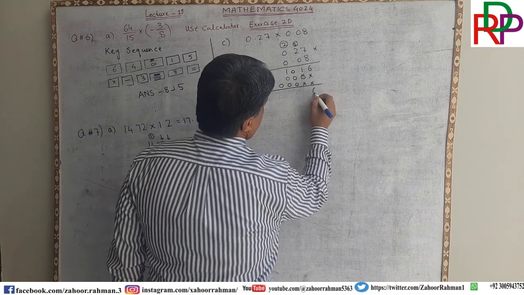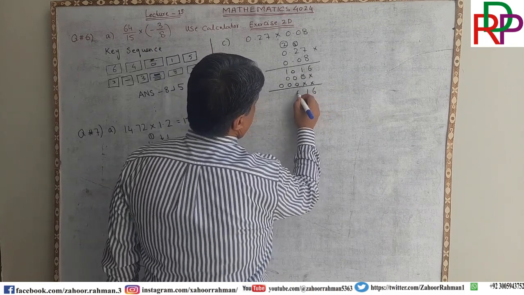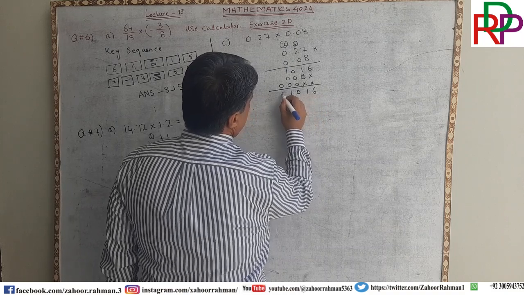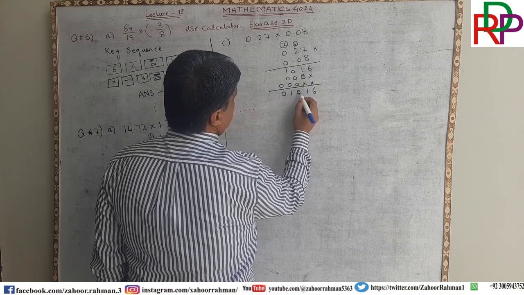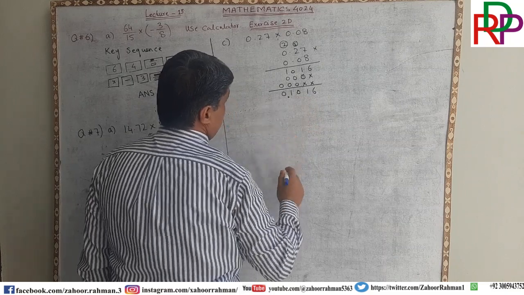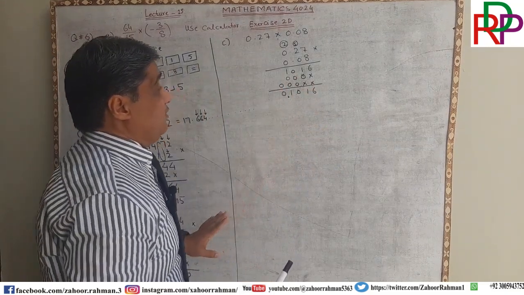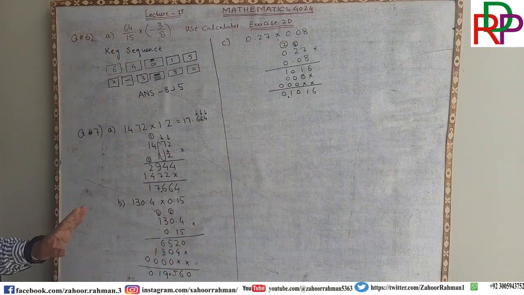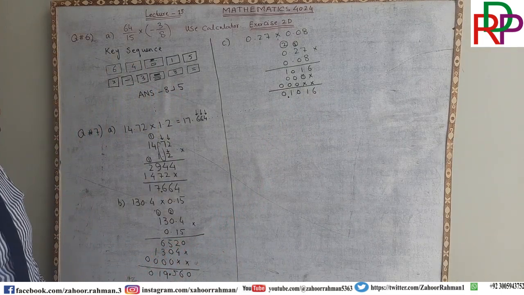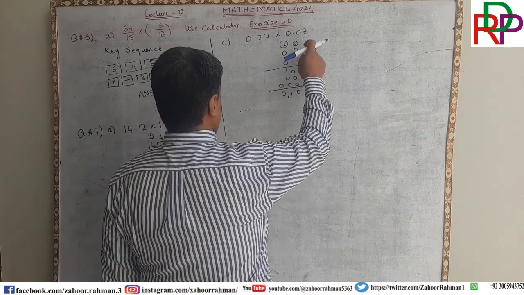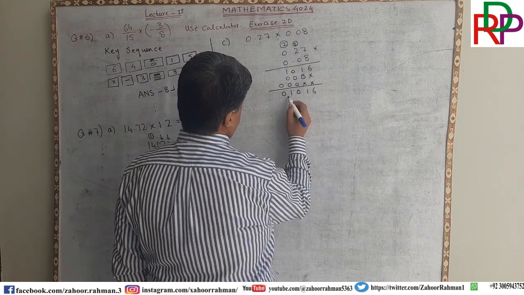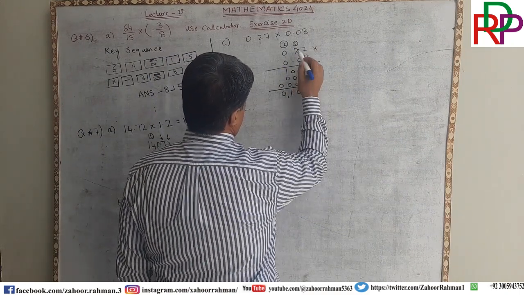So 6, 1, 0, 1, 0, 1, 2, 3, 4. So it will be here. If you are not doing these zeros, then it will not give you the correct answer. So keep in mind that you have to multiply the 0, because it will specify the decimal position.